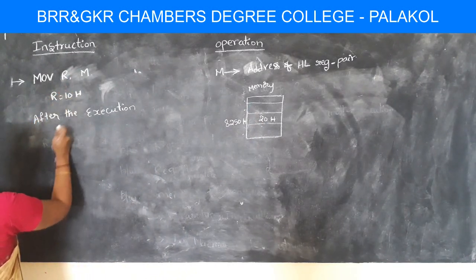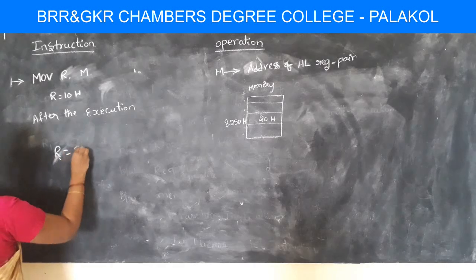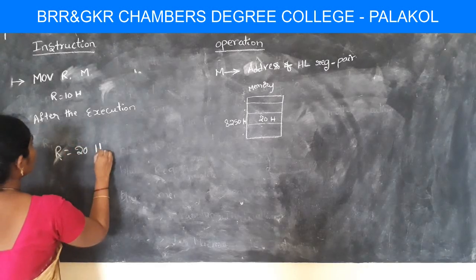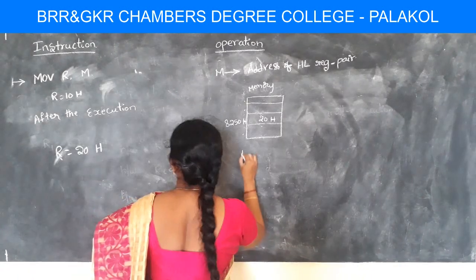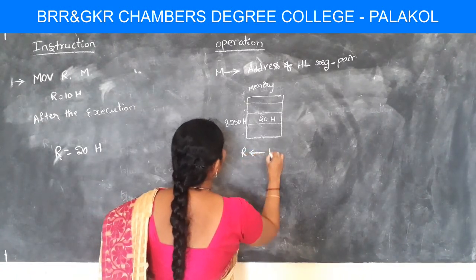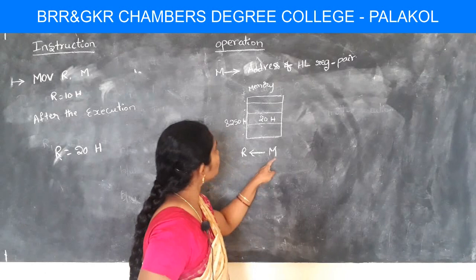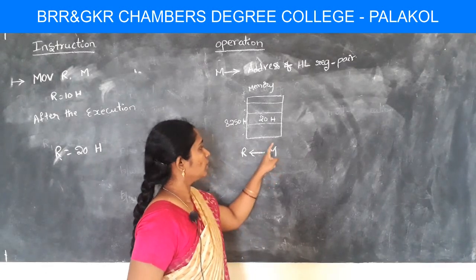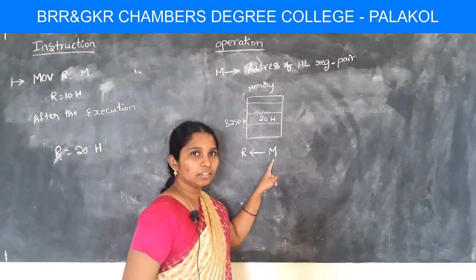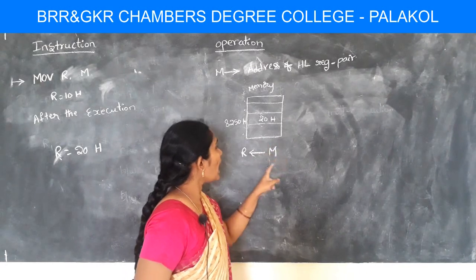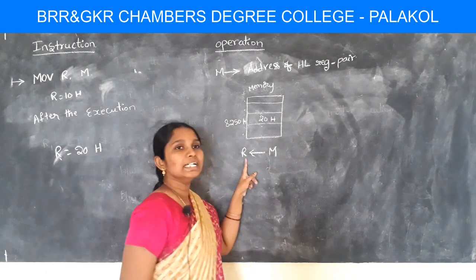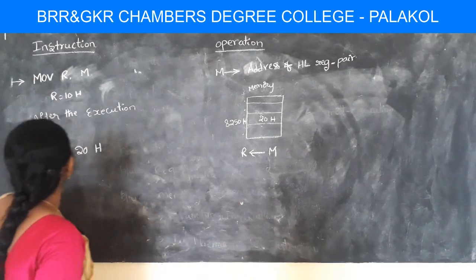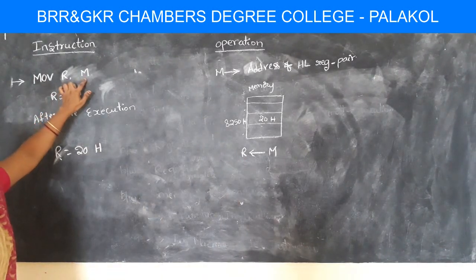So R is equal to 20H. Therefore the meaning of this instruction is memory to register. Whatever memory location it indicates, the data at that address is moved or copied to this register.